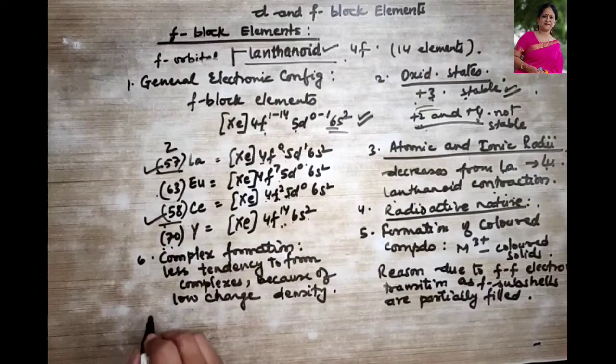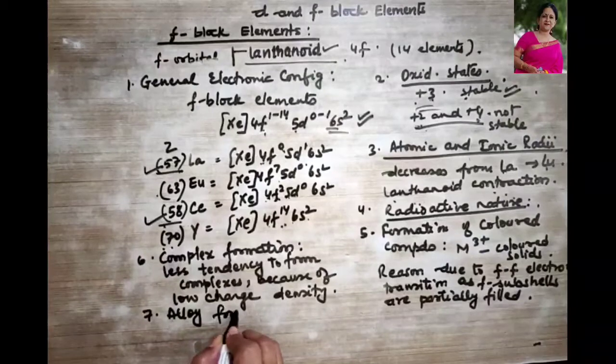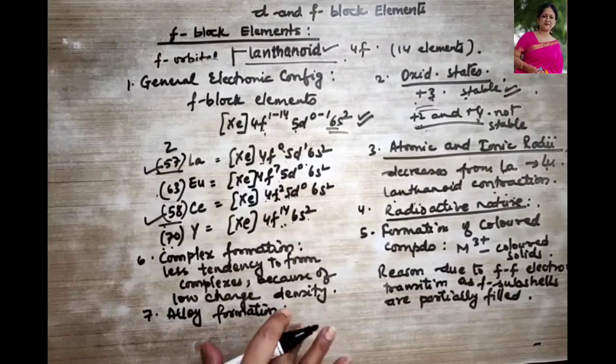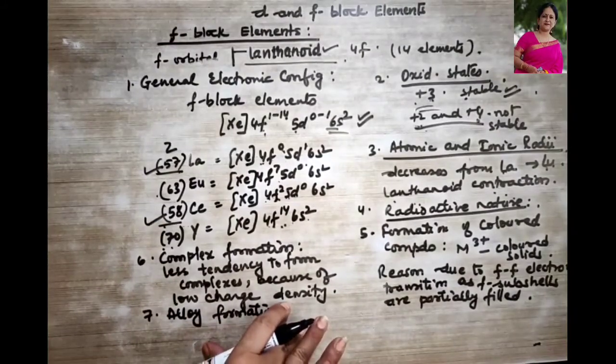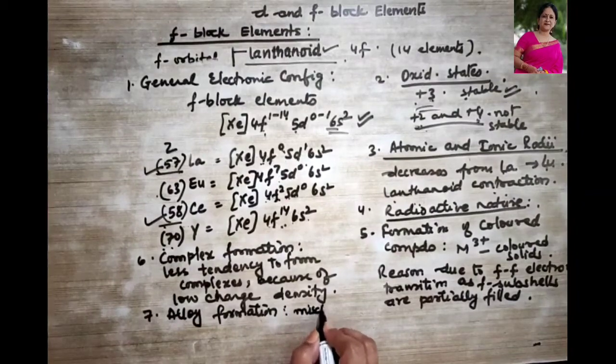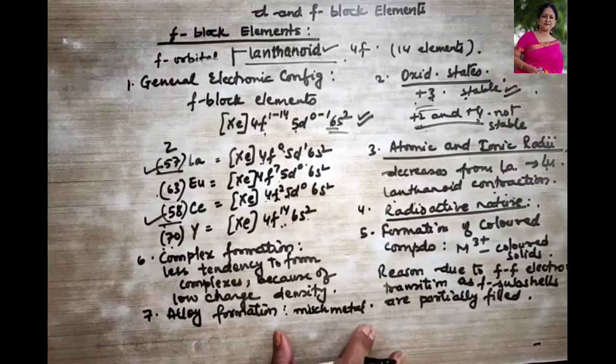And last but not the least, we talk about alloy formation. What do we know about alloy formation? Do they take part in alloy formation? An alloy of lanthanide metal, do you know what it is called? It is called mish metal.